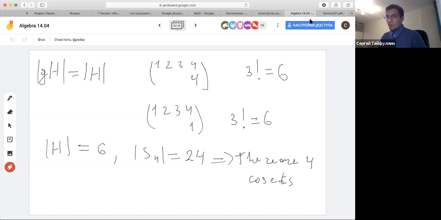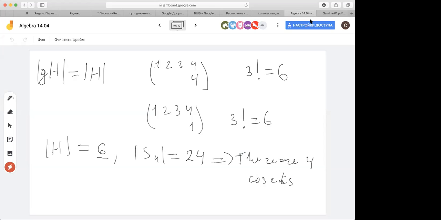Because the whole group consists of left cosets, they don't intersect, and each of them has 6 elements. Again, why?